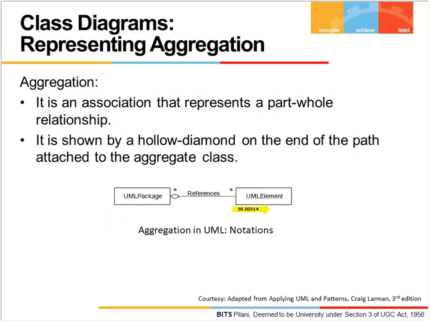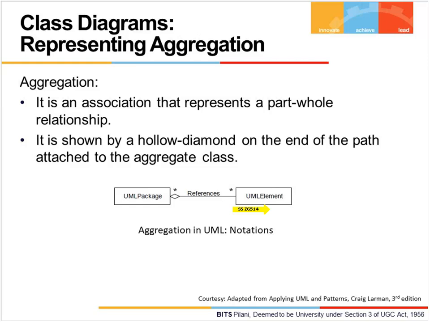I'll give you another example of an aggregation. A bouquet is an example of an aggregation, right? A bouquet made up of flowers is an example of an aggregation. All your flowers joined together, tied together, form a bouquet, right? But if I open up that bouquet, then each individual flower has its existence.